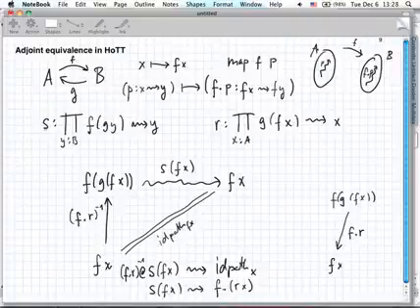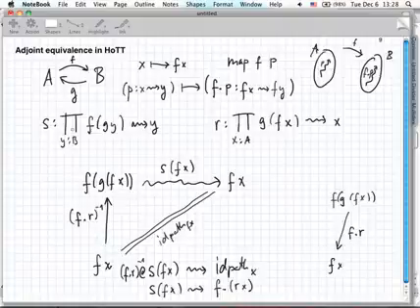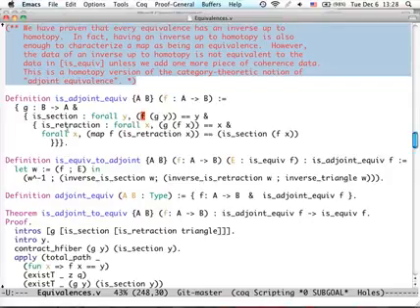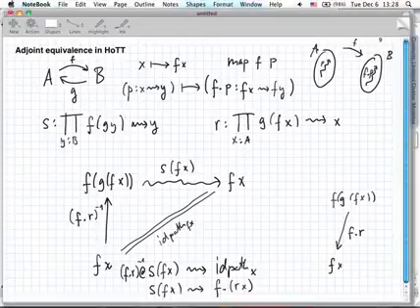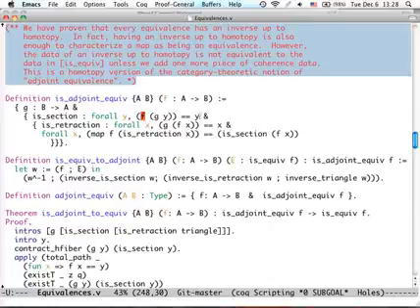Here, that's the S. For every Y, I have a path from f of g of y to y. He's calling it is section instead of S.